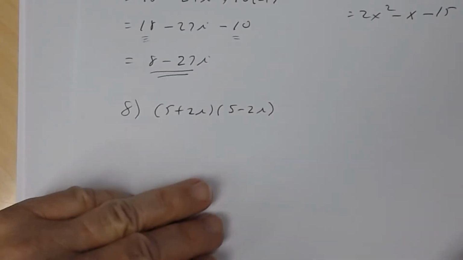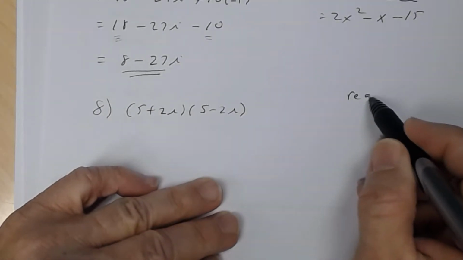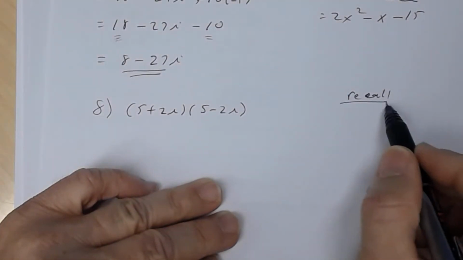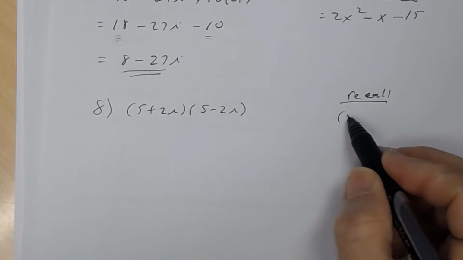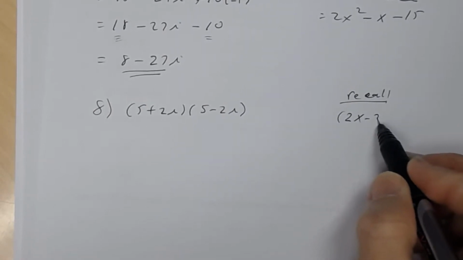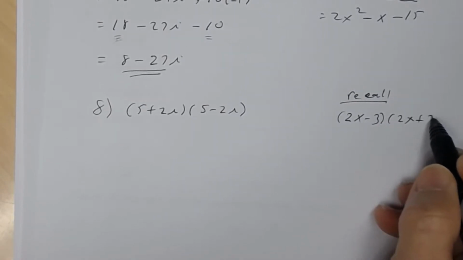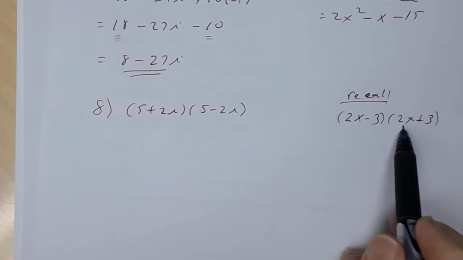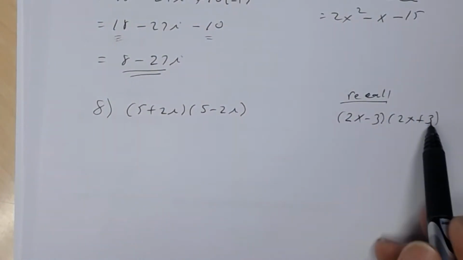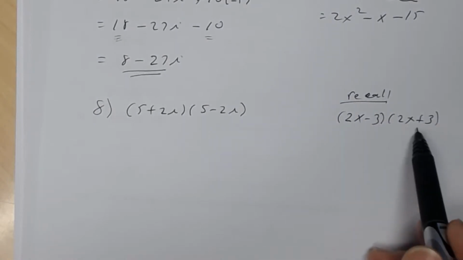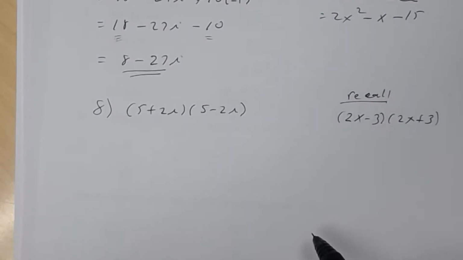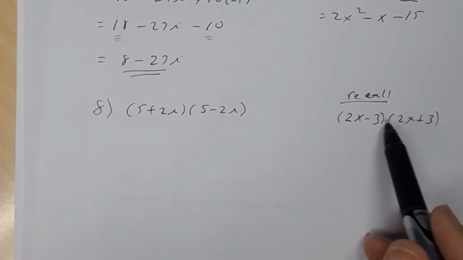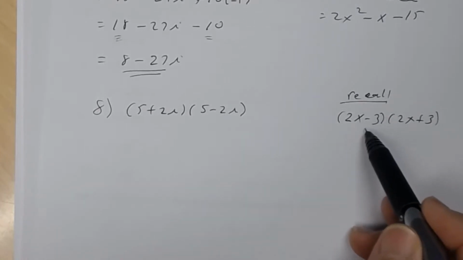And so if you recall, in a previous course, when you had something like 2x minus 3 times 2x plus 3, all right, so notice the first terms are alike. The last terms, this is negative 3, this is positive 3, they're opposites. So all these terms are almost identical except for the signs. So recall though, when you use the FOIL method, what happened to the outer and the inner.